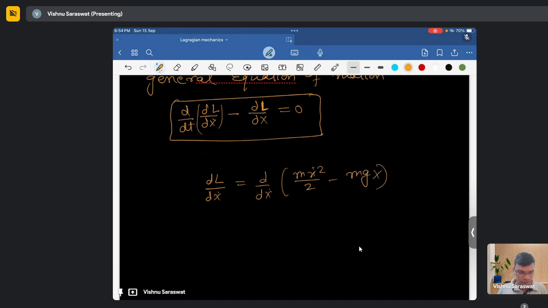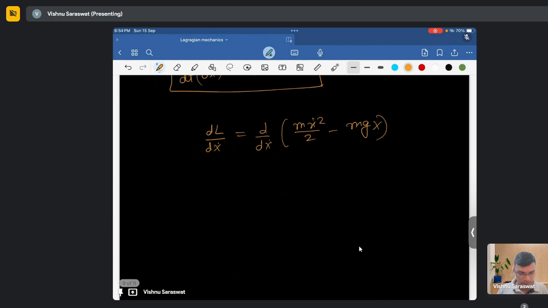So here we take the derivative of m x dot square by 2. That means m x dot, because the 2 in front of m and the 2 in the denominator cancel out.